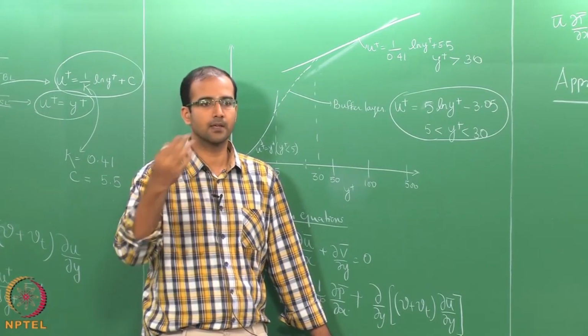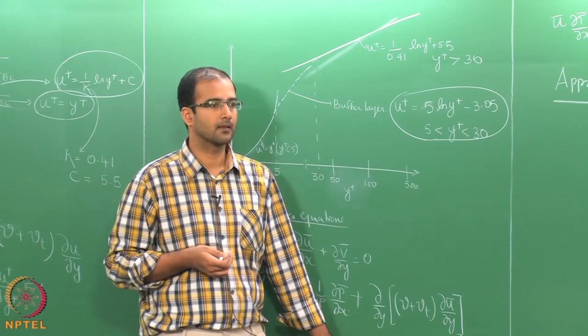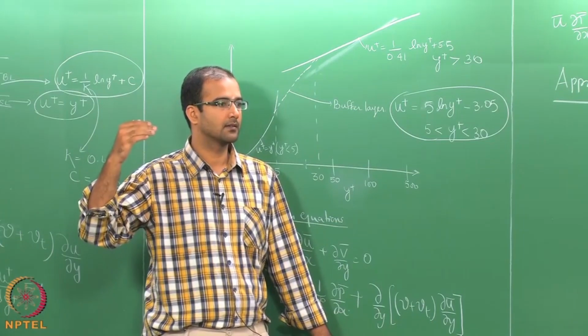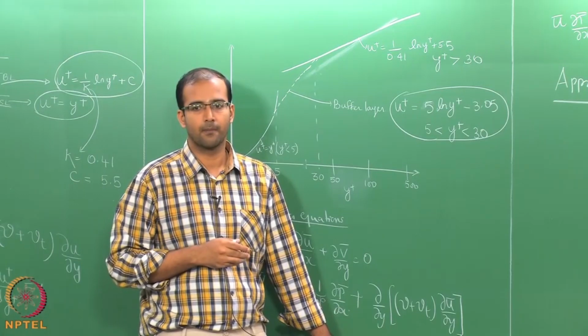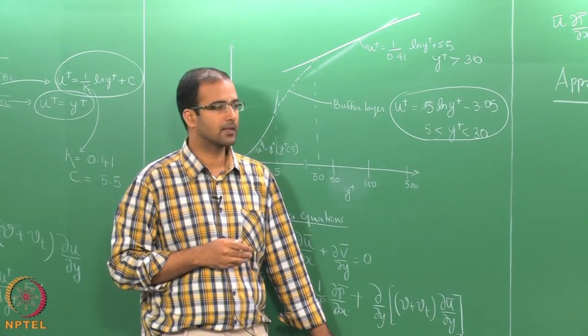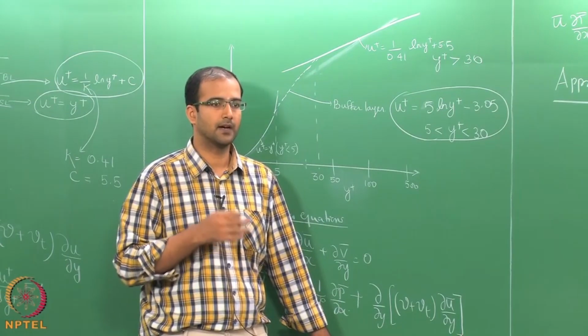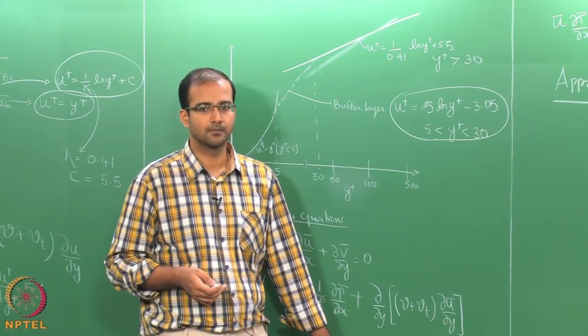Okay. So, that is the same thing you do in your classical momentum integral equation, except that the right hand side you integrate the profile up to the wall, but in this case you cannot do that. So, we have to therefore patch it with a correlation on the right hand side, find out the expression for delta. So, delta as a function of Reynolds number.